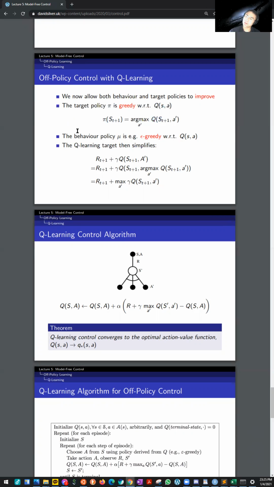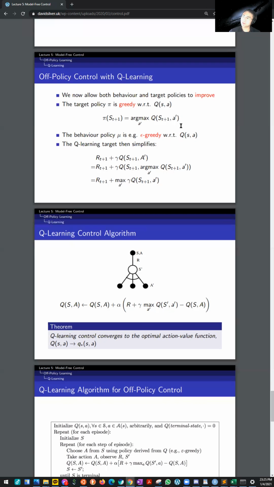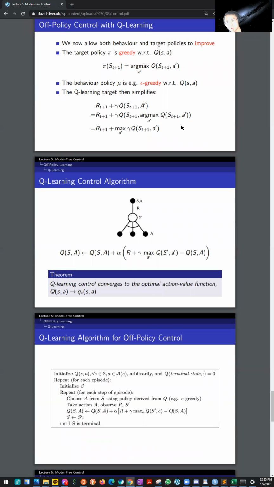That's for the target policy. And for the behavior policy, we're using epsilon greedy, which we discussed before. It's like choosing sensible actions, which are still greedy, but allowing some random actions based on probability epsilon. So we can behave in a way that we also explore more, not just advancing in a direction that could lead to a local optimum.